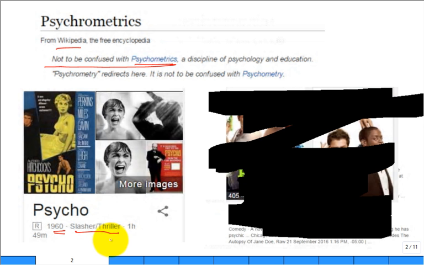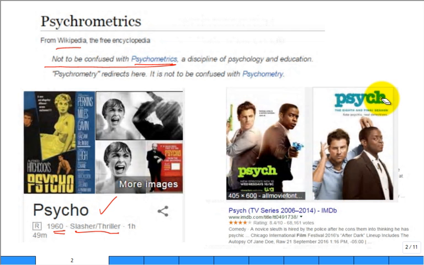I have no idea. I've never seen this movie, Psycho, but it's a movie. Don't be confused. We're not going to study movies, nor TV shows. Psych, which aired between 2008 and 2014. I have never seen either of these, but we're studying something that can be easily confused.